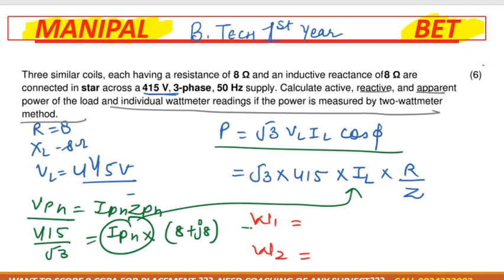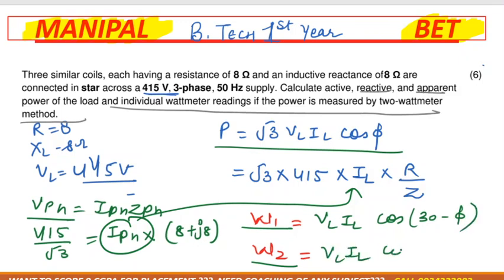So in this case we have separate formulas for W1 and W2: VL IL cos of 30 minus phi, and VL IL cos of 30 plus phi. Note down these formulas.